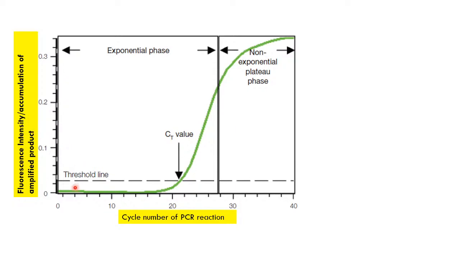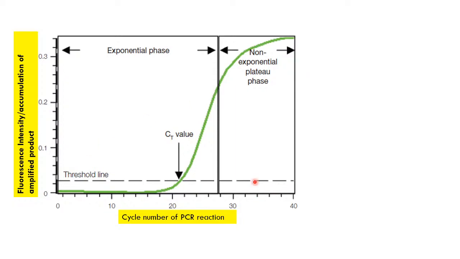So this kind of graph. It increases slowly initially, then suddenly goes up, and then it reaches what? Plateau phase. After some time, the fluorescence doesn't increase. This graph is very important. Now, this is the threshold line.